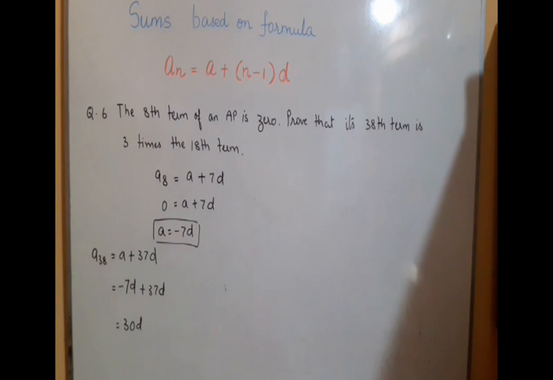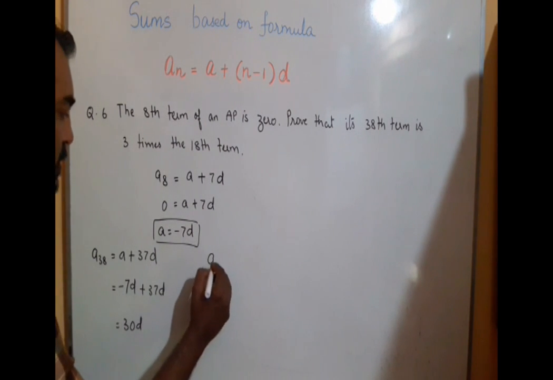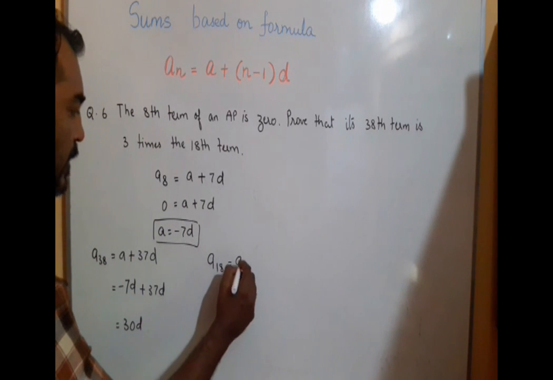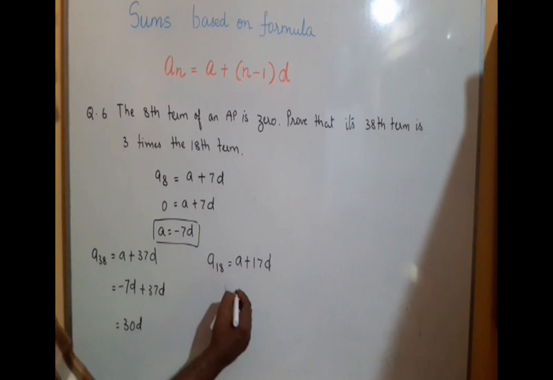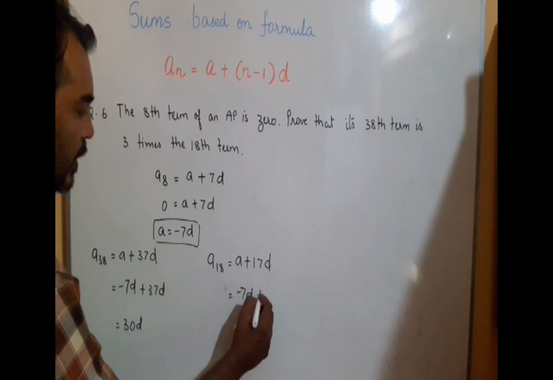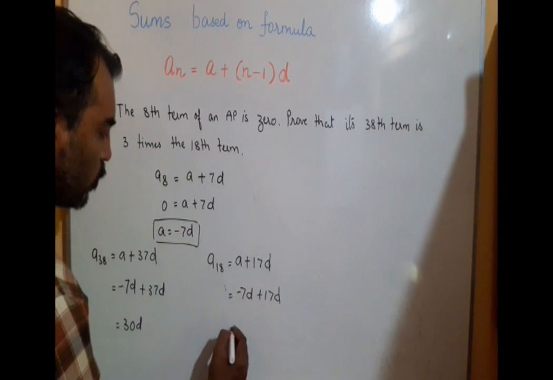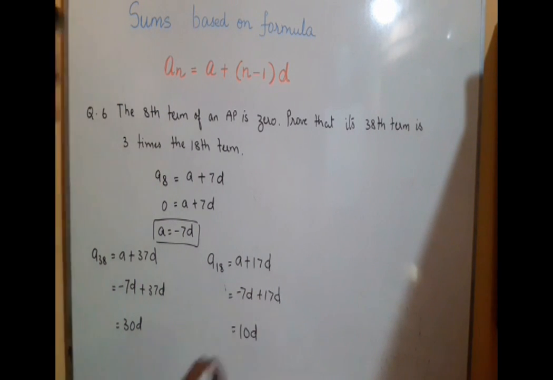Okay, so we have got the 38th term. Now we'll find the 18th term. The 18th term of this sequence, a18, will be A plus 17D. But what is A again? Minus 7D. Adding 17D, we get 10D.